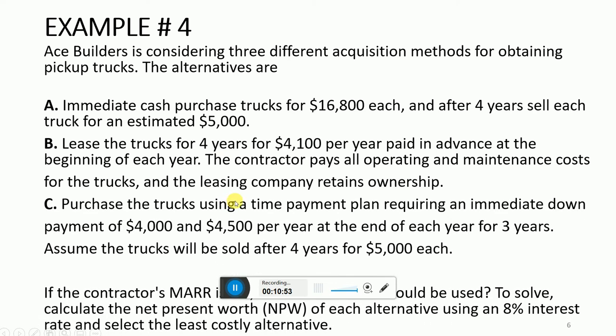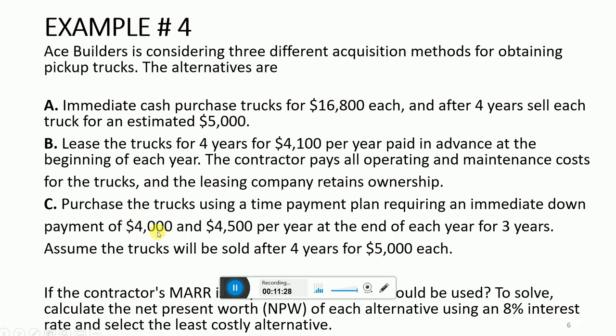The third option is to purchase the trucks using a time payment plan requiring an immediate down payment of $4,000. He has to pay 4,000 immediately, whereas the full cost was 16,800. So he pays $4,000 and 4,500 per year at the end of each year for 3 years.